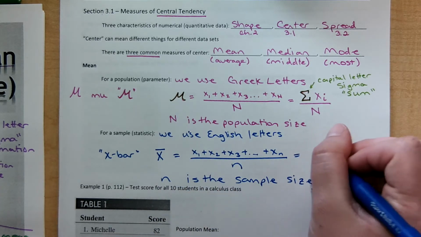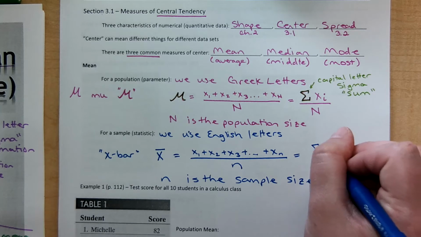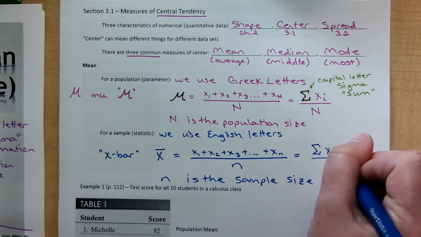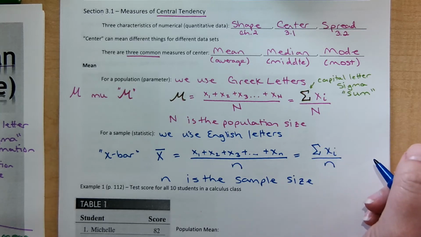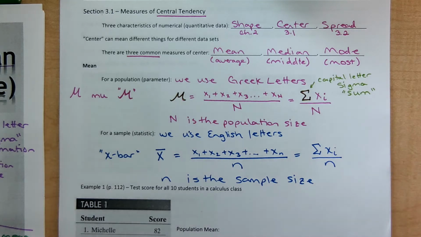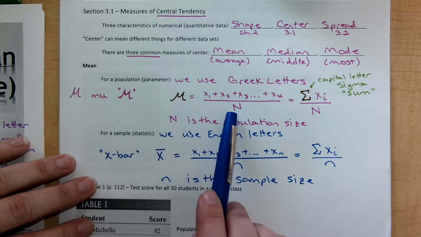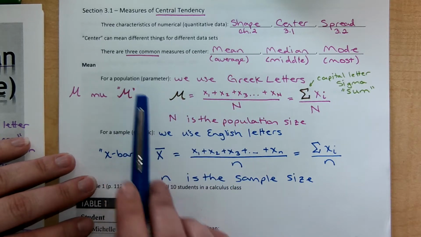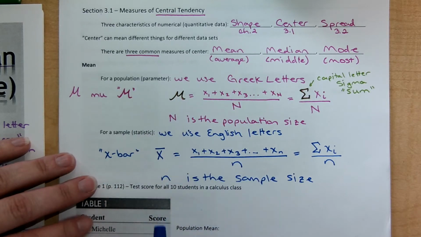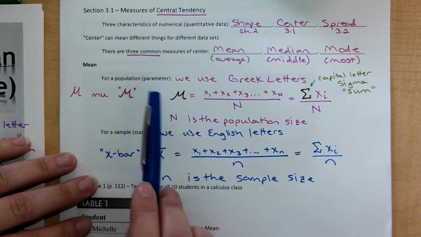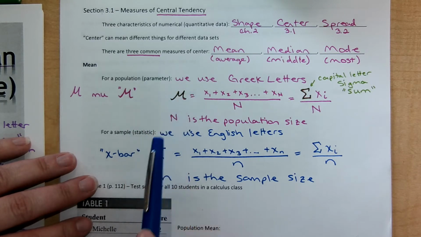And we can also write that as the sum of each individual x value divided by lowercase n, the sample size. So to get an average, you add up all the values and divide by the total. Whether that total is coming from a population or a sample, it's the same procedure. If it's coming from a population, we use mu. If it's coming from a sample, we use x bar.